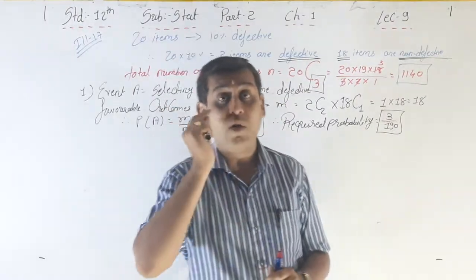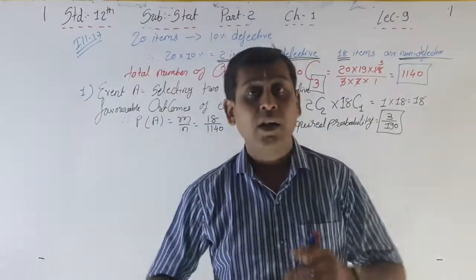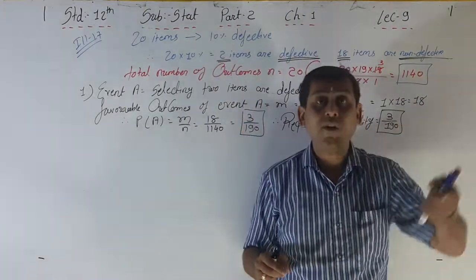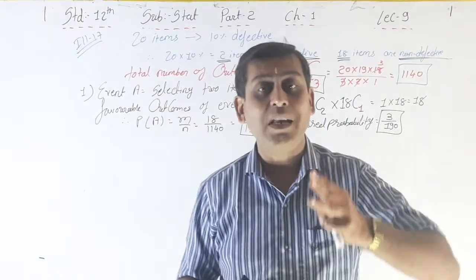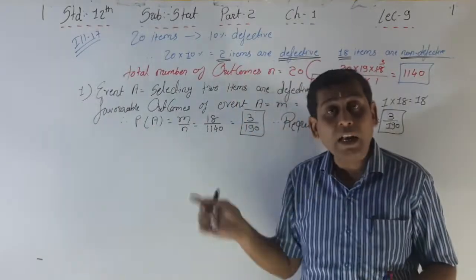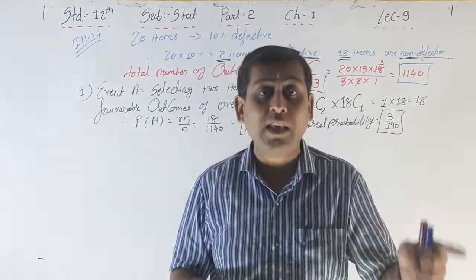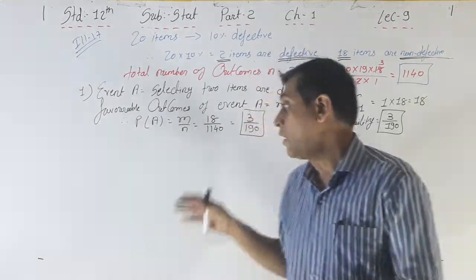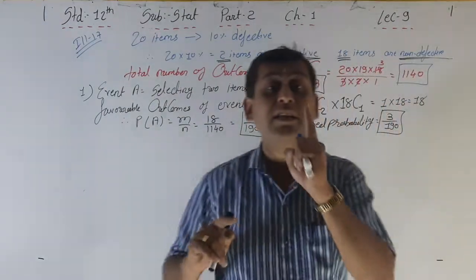But now in event A, again the twist is that they only asked for 2 defective items, but they specifically said that we have to select minimum 3 items from the box. So if 2 are defective, indirectly it means that 1 is non-defective, right? So total 2C2 into 18C1.